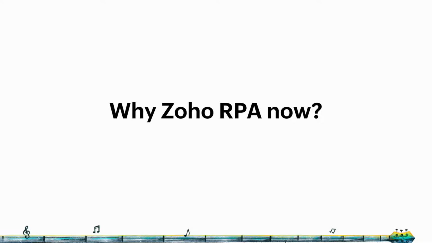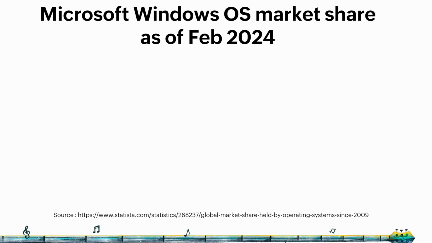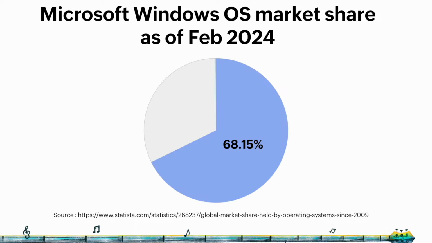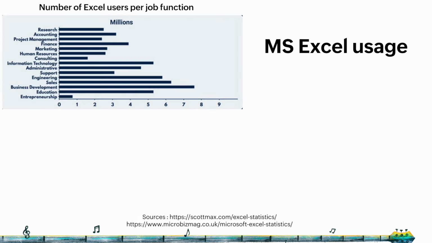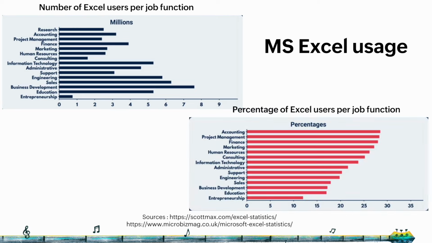And the other important thing we figured out is that Microsoft Windows OS market share as of February 2024 is still 68%. So there are Windows applications which need interconnection with web applications, and this automation is required. Similarly, the number of users who are using Excel across different jobs, be it research or HR or consulting, is in millions.